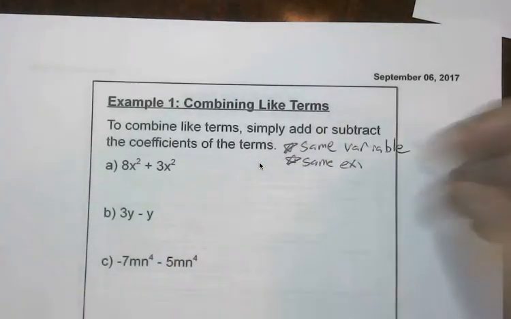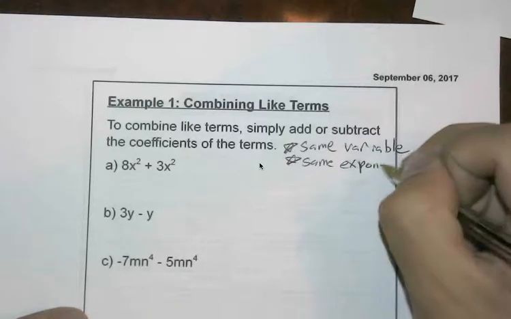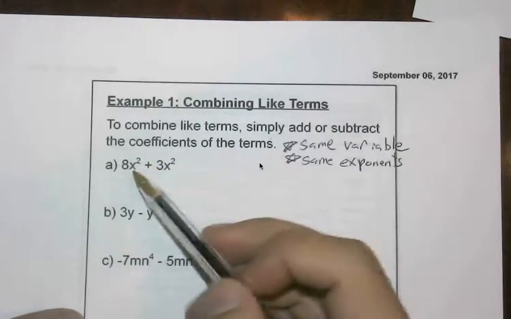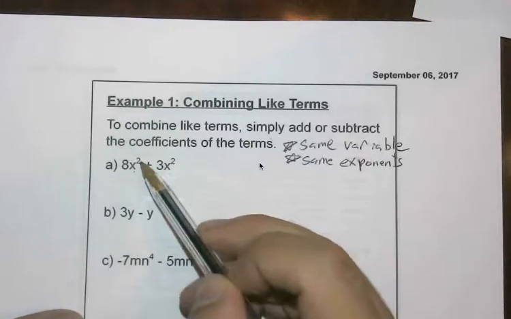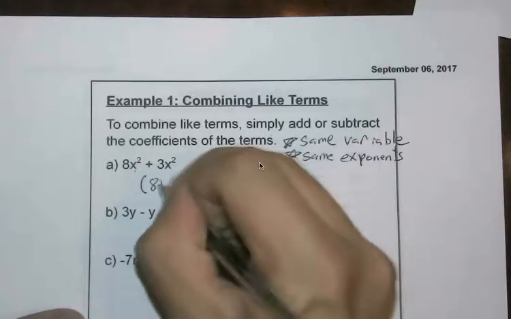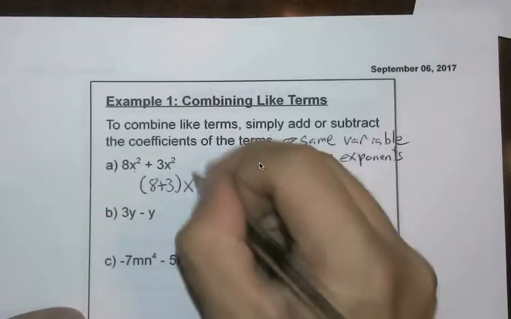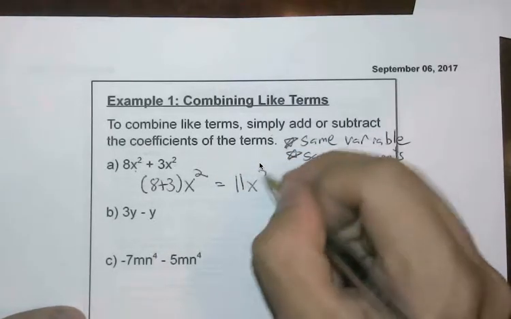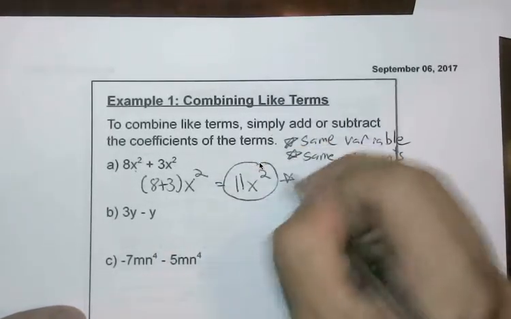And we always look at what's going on. So we have 3x squared here. We know these are like terms because x is here and here. They are both being squared. So we can think of this as just 8 plus 3 with x squared. 8 and 3 gets us 11. X squared's along for the ride. So we're all done here.